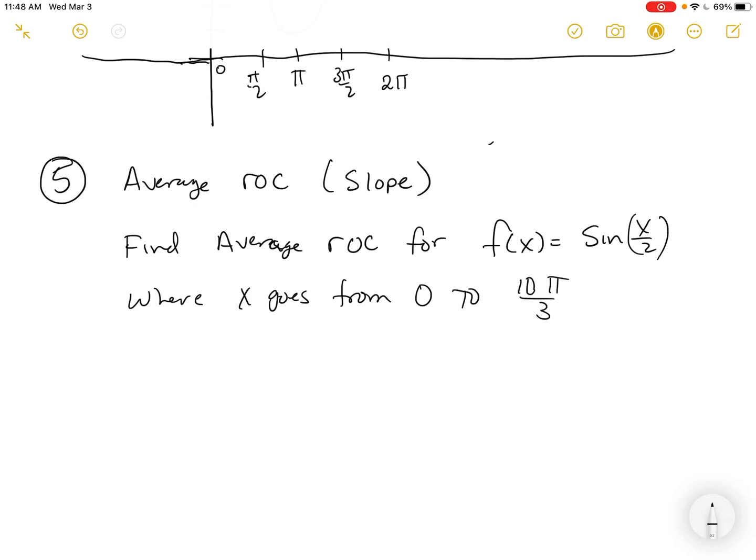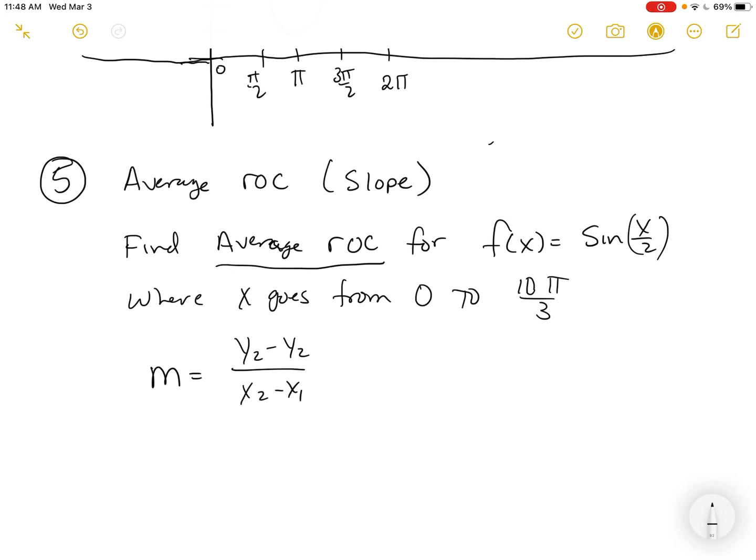Okay, so what are they asking for? Well, they're trying to make a connection here that's at the very early part of calculus. A main part of the early part of calculus is getting rates of change. And rate of change, especially if it's an average rate of change, is nothing more than saying where'd you start, where'd you end up, and what's the slope. You know how to find slope from our pre-algebra days, it's the change in y over the change in x.